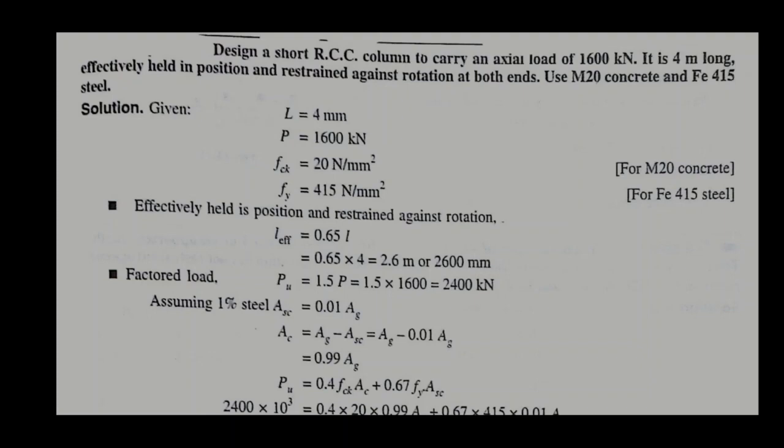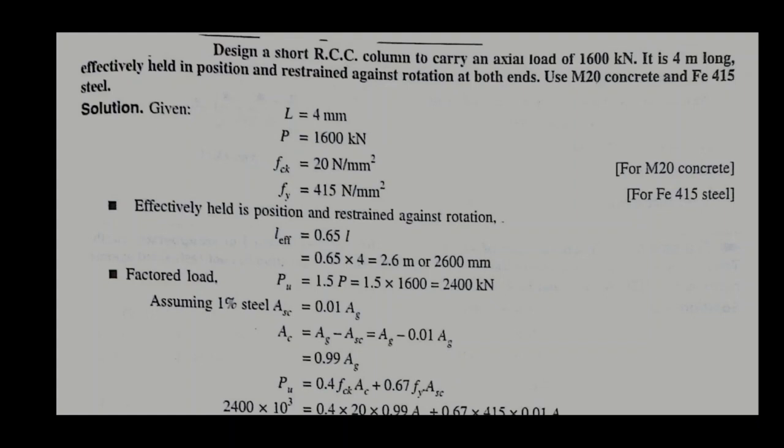Now assuming 1% steel Asc, so our limit is 0.428%, so we can assume 1%, right, as I told earlier. So that is equal to 0.01 of Ag, of gross area, right. So Ac is equal to Ag minus Asc is equal to Ag minus 0.01 Ag.